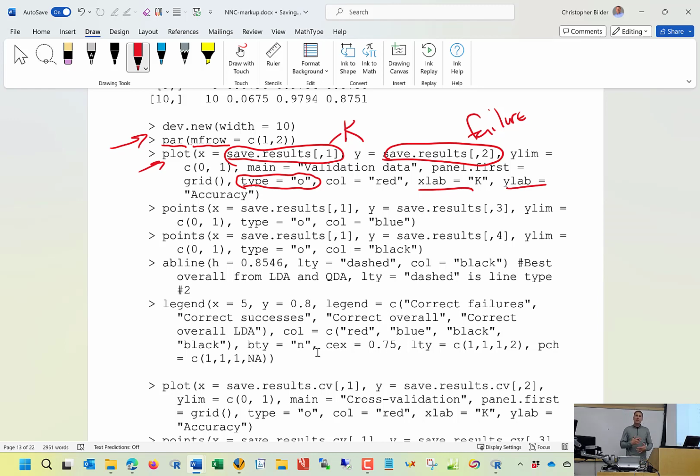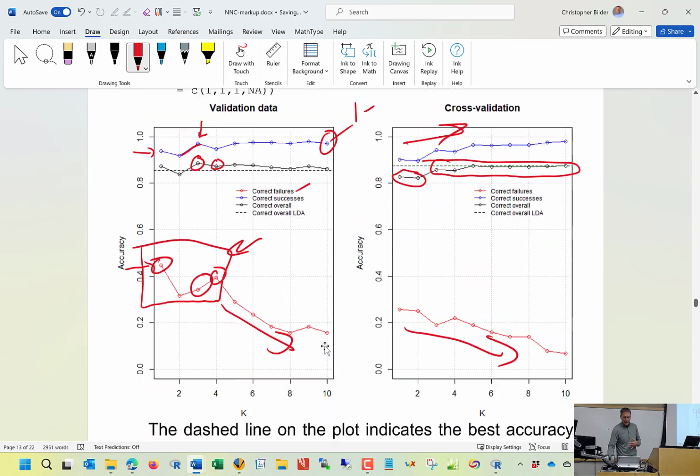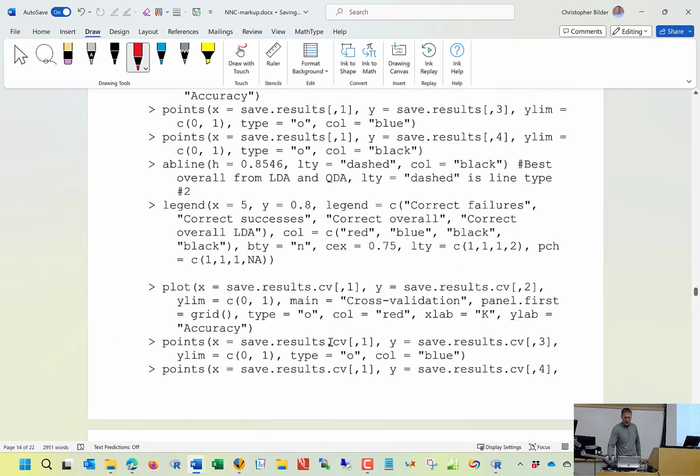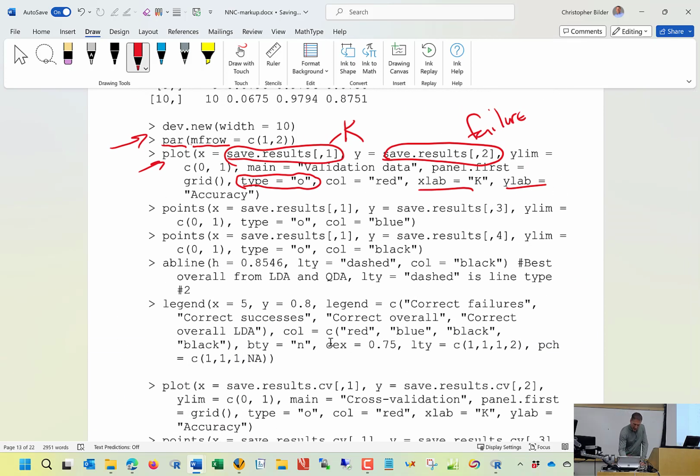Okay, so what this is going to give me is my red line that we saw on the plot. It's also going to set everything nicely up. It's going to put the grid lines on as well. How do I get those other lines? This is where I can use the function called points, where now I'm going to plot k on my x-axis, and on my y-axis, this is going to be the successes.